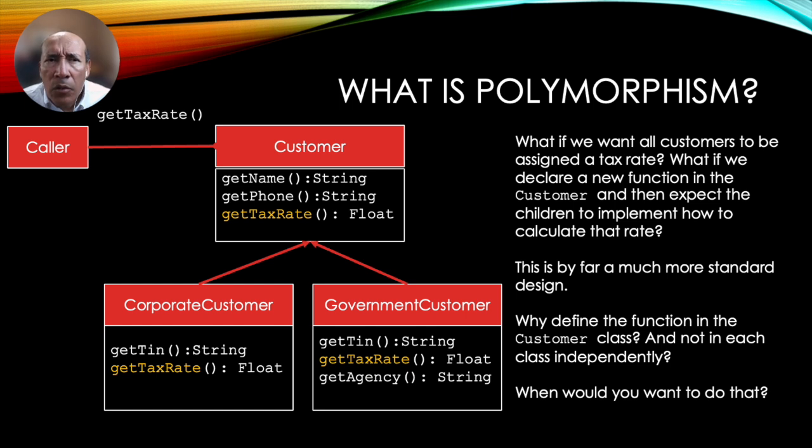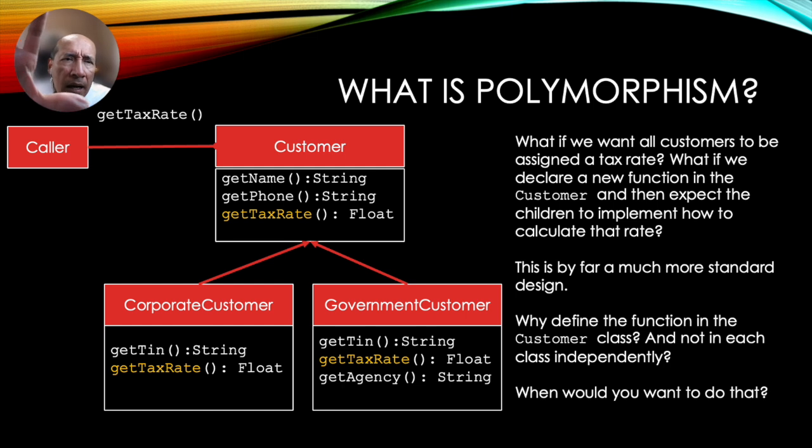Now, you could have two separate classes, corporate customer and government customer, and then copy and paste the implementation. But then you'd have get TIN on one and get TIN on the other one. Do you really want to maintain them in both places? No, I don't.